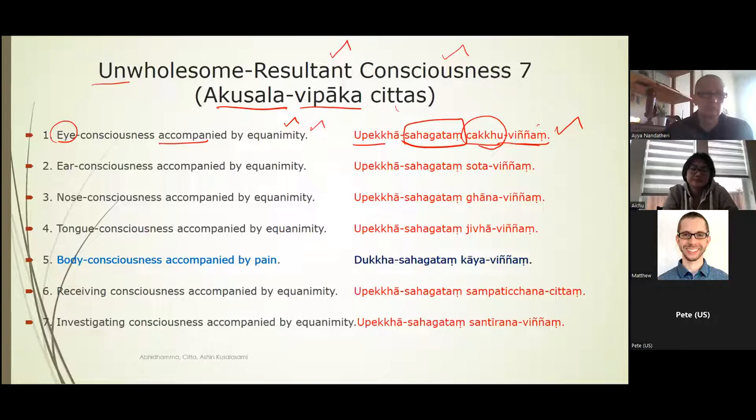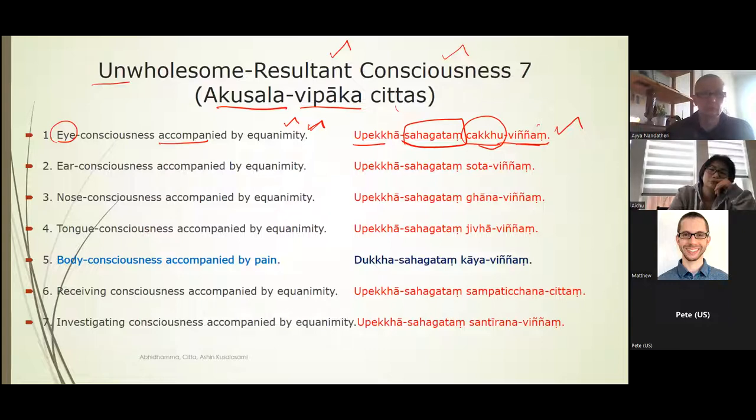For example, someone sees flowers. Eye consciousness, cakkhu vinnana, only sees the object, the color, everything, but does not decide.